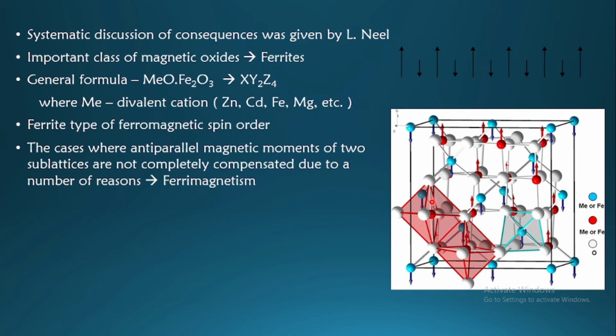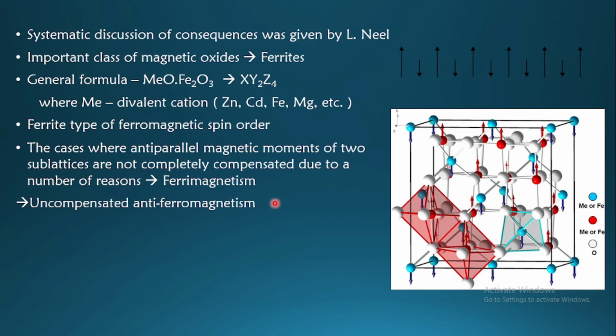Whenever there is no complete compensation, we say such a phenomenon is known as ferrimagnetism. So in short, ferrimagnetism is uncompensated antiferromagnetism. Two names we got: one is ferrite type of ferromagnetic spin order, another is uncompensated antiferromagnetism.